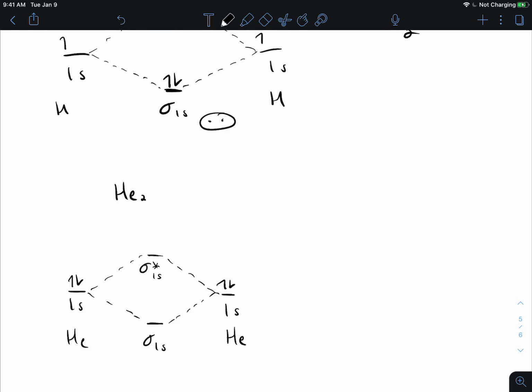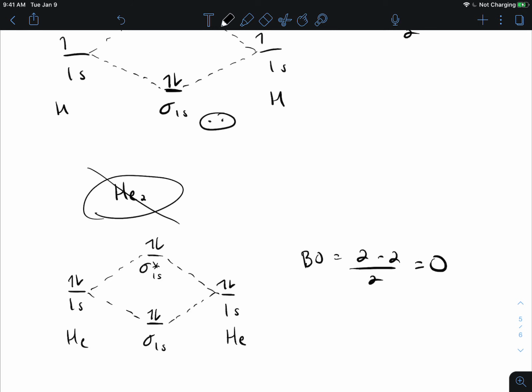Here we have 4 electrons, so we put 2 here and 2 there, giving us a bond order of 0. So it's going to be a molecule that does not exist. So He2 does not exist, which hopefully we know.